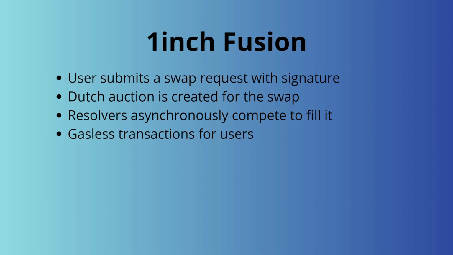In this case, the user submits a swap request with a signature. A Dutch auction is created for the swap, and the resolvers asynchronously compete to fill it, and the transactions in this case are gasless for the user.